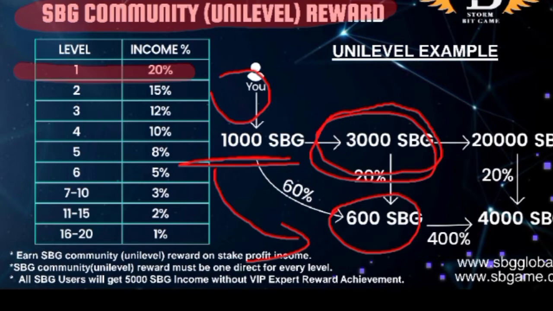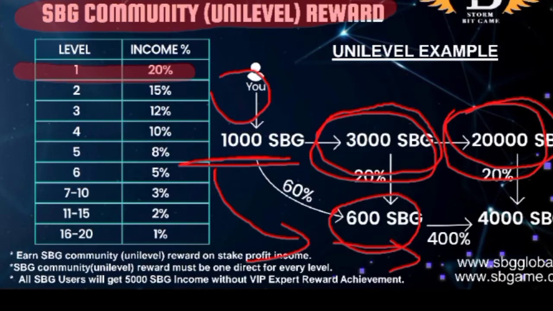Here is another amazing thing: if that person is not withdrawing his money and keeps compounding or restaking his money, his total will become $20,000. If he continues for 20 months of restaking and compounding, his $1,000 will become $20,000, and you will receive 20% of his profit. That becomes equal to $4,000, which is an estimated 400% of his investment.